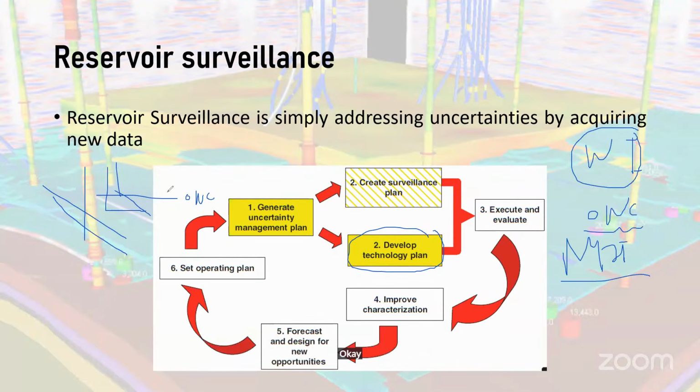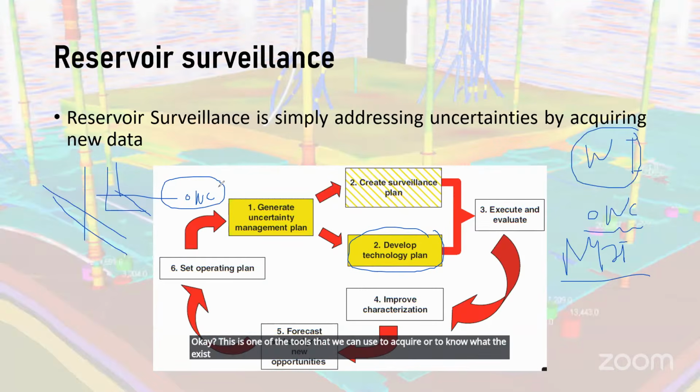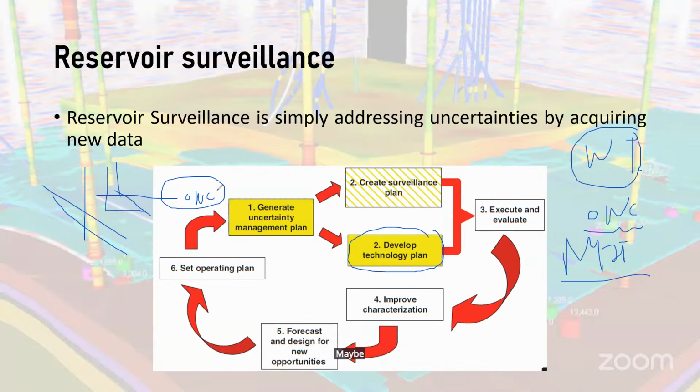Okay, this is one of the tools that we can use to know the existing depth of the oil water contact. In some cases you can use the well test.